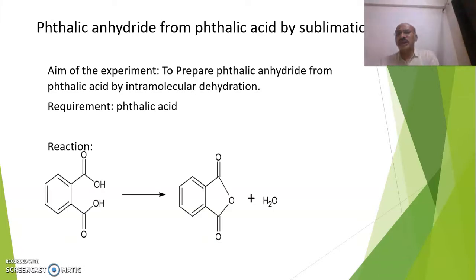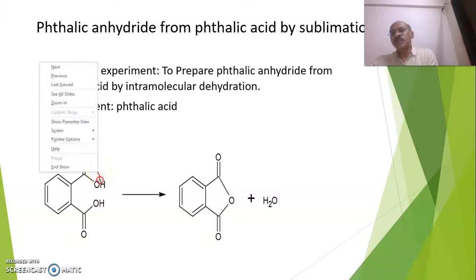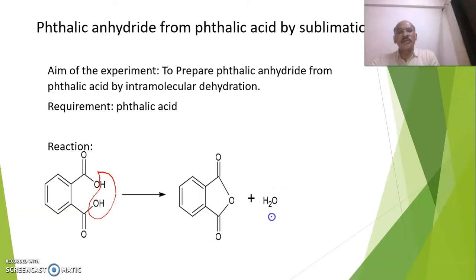Here the reactant is phthalic acid. In it, 2 carboxylic groups are attached to 2 adjacent carbons of the benzene ring, and from these 2 carboxylic groups, OH of one carboxyl group and H of the other carboxylic group are removed as water.